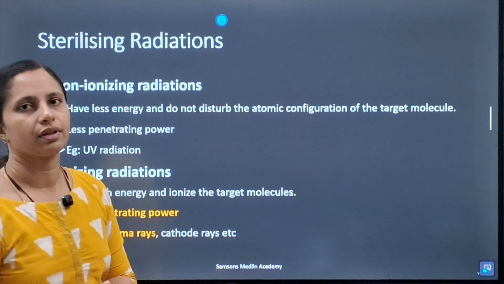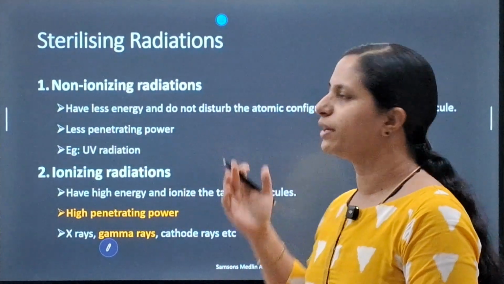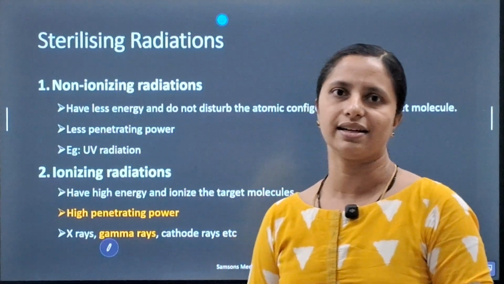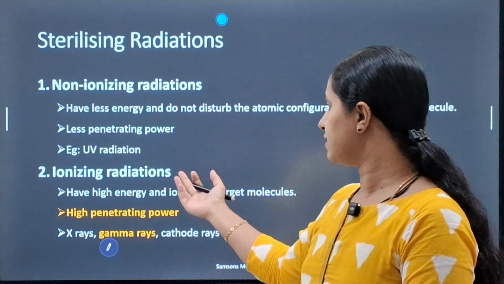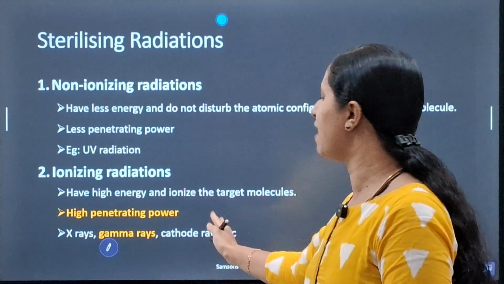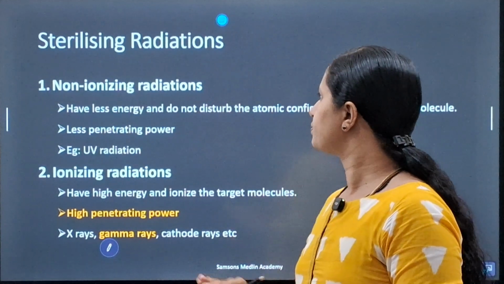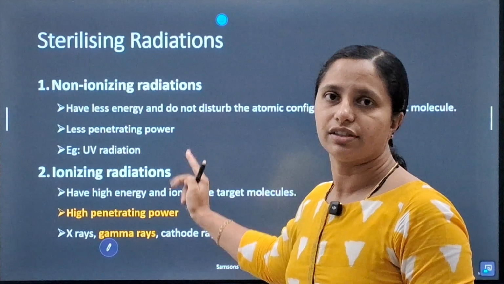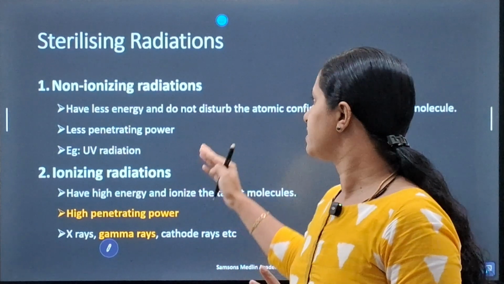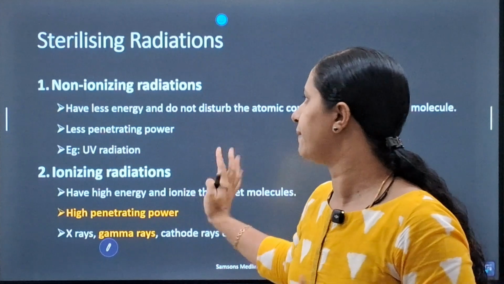So coming to different types of radiations used for sterilization. A common question from this area is the radiation having highest penetration power, that is gamma radiation, and it is used most commonly. So let's see the two types of radiations, non-ionizing radiations and ionizing radiations.